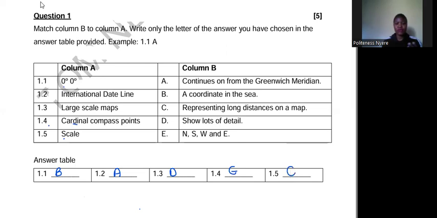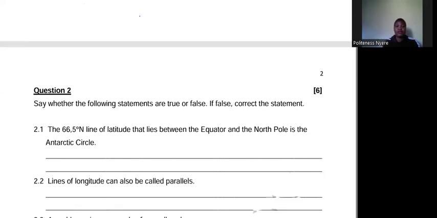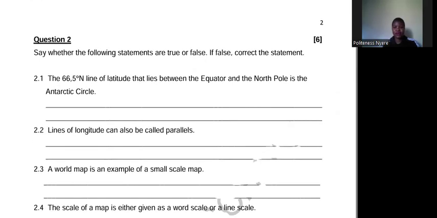So for us to be able to represent those distances, we need to use a scale, which means that we say 1 centimeter on the map can represent maybe 100 kilometers on the ground. We are trying to represent the actual distance on a small piece of paper, so we have to use a scale. Okay, so that's it with the multiple choice.